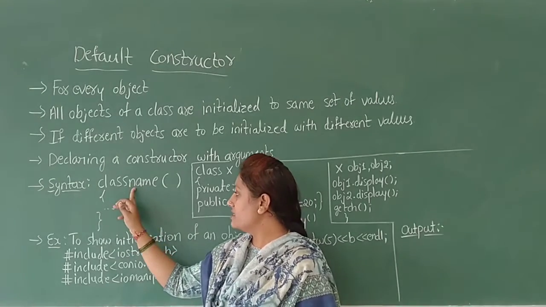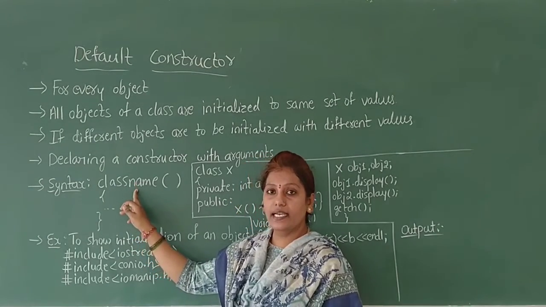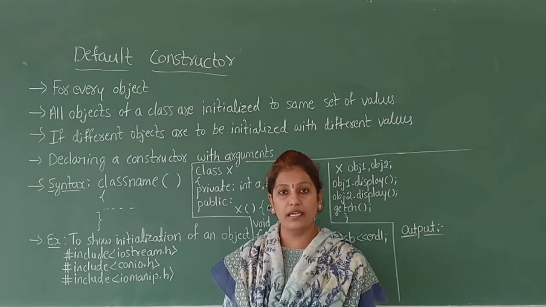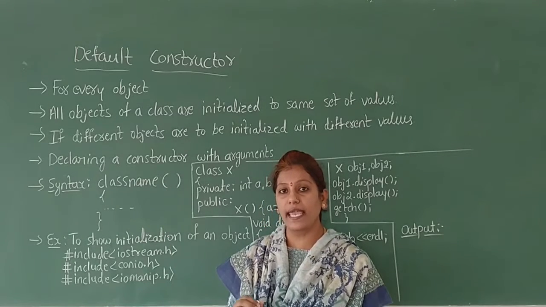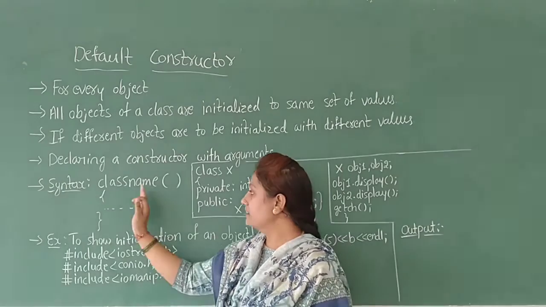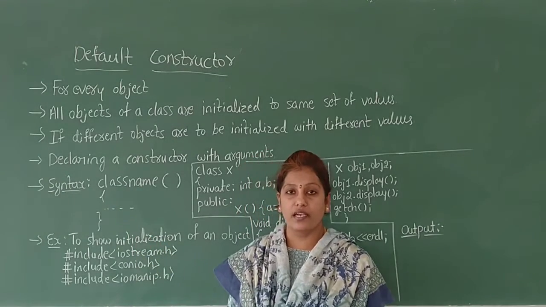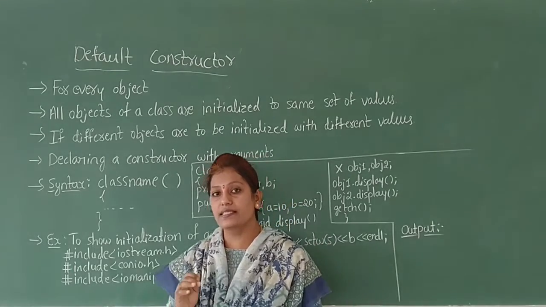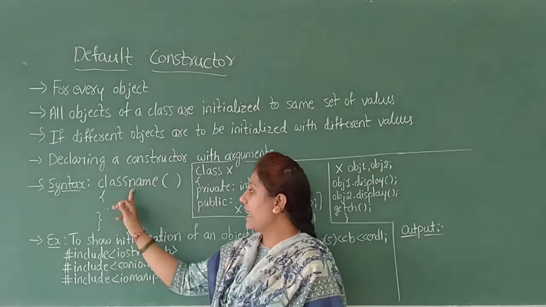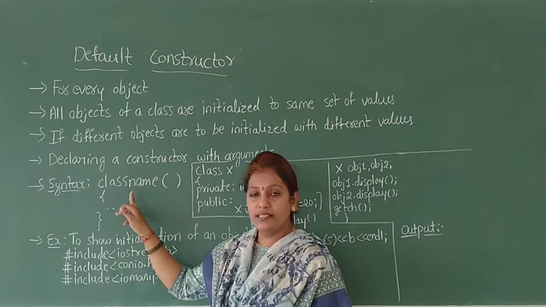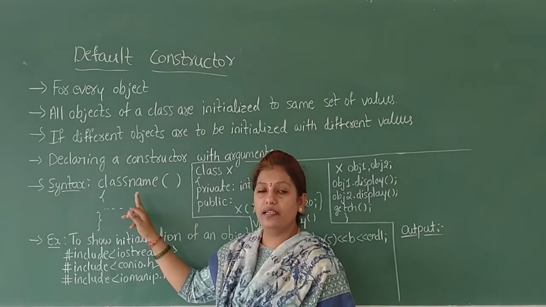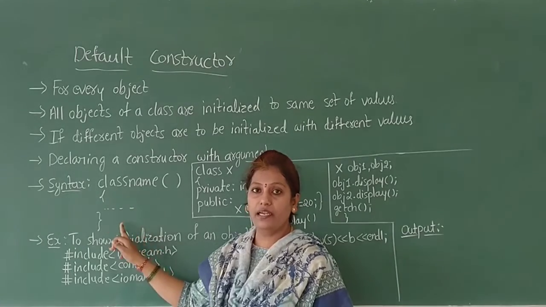The constructor is declared with zero arguments, meaning it does not accept any argument. The constructor has the same name as the class name, so in the syntax we take the class name, then zero arguments, then the beginning and end of the constructor.